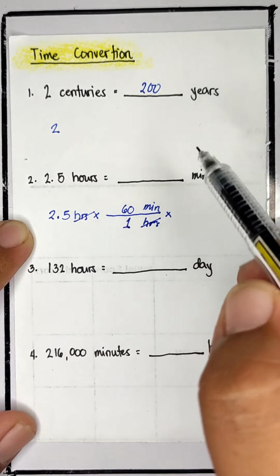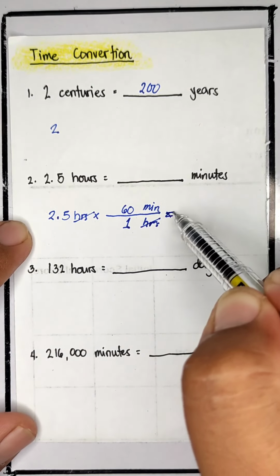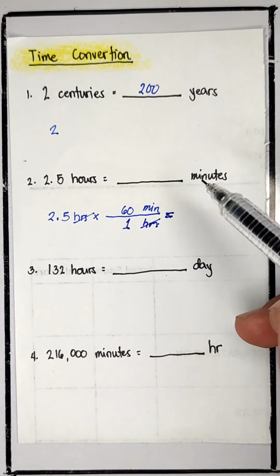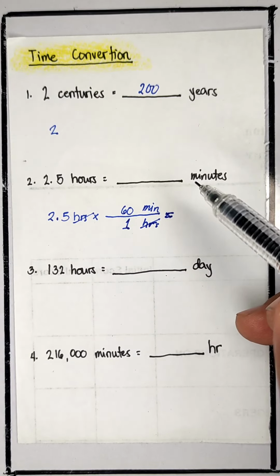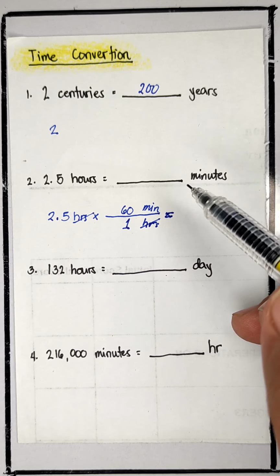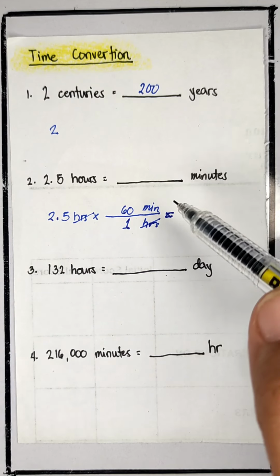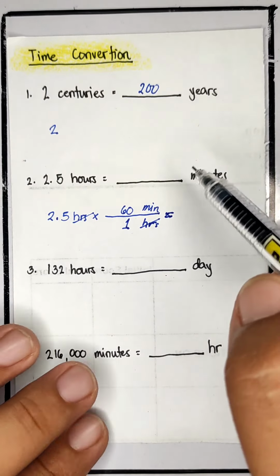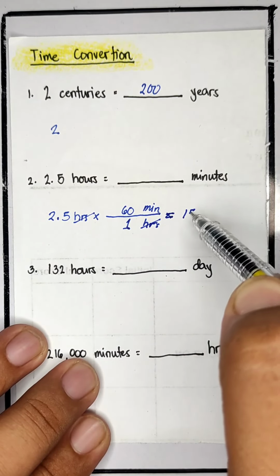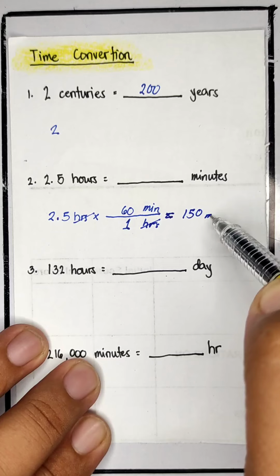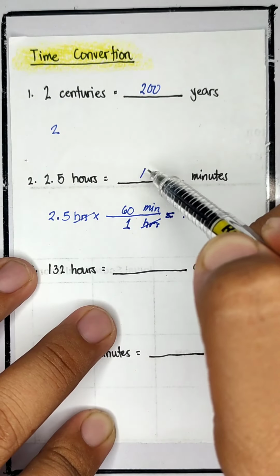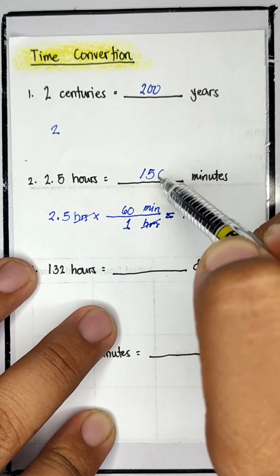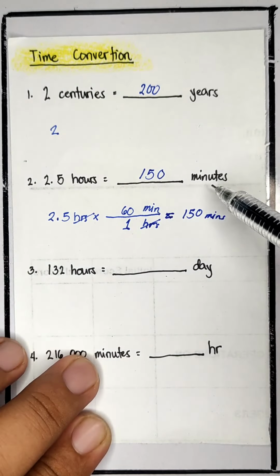Cancel hours. Then we'll have 2.5 times 60, and you will have 150 minutes.